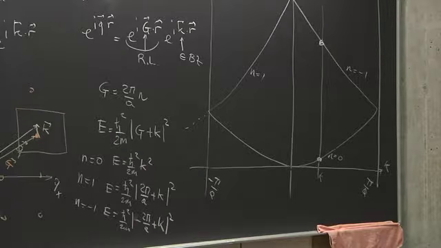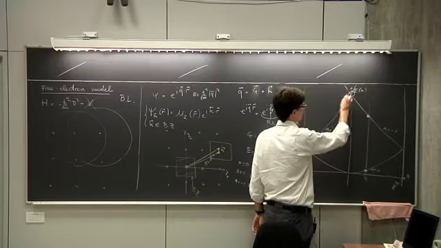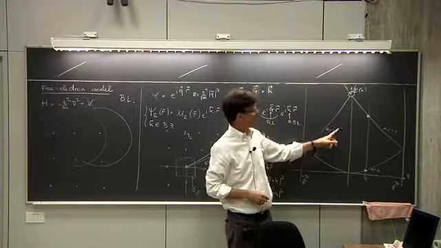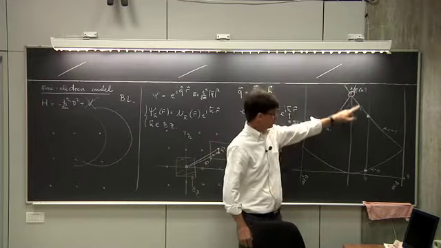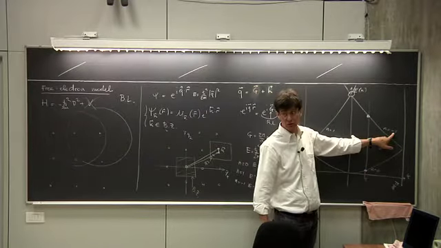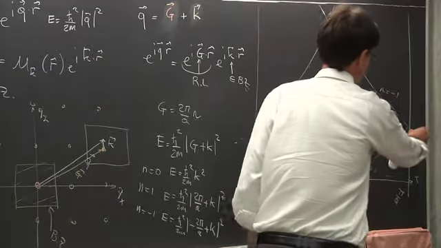Yes? Yep, that's interesting. Yes, we have a two-fold degeneracy here. We have n equals -1 and n equals 1, which happen to be degenerate here. But we have another degeneracy here. n equals 0 and n equals -1 are degenerate here.